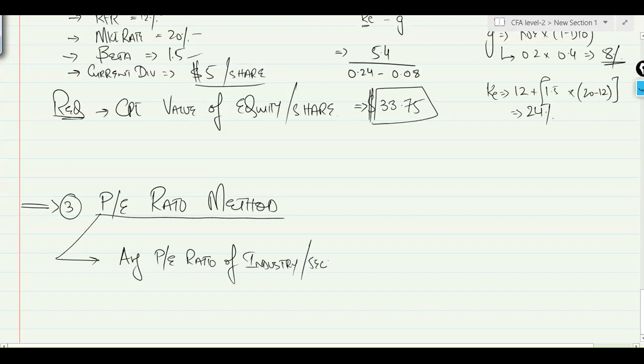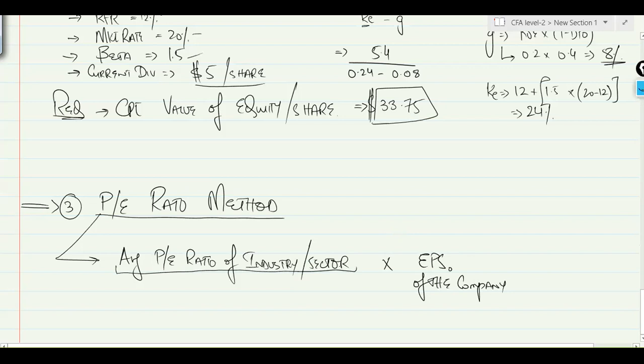in which the company is operating, and we will multiply by the earnings per share, the current earnings per share of the company. So I'm using the current company earnings, but the price to earning that I'm using is of the industry or sector.